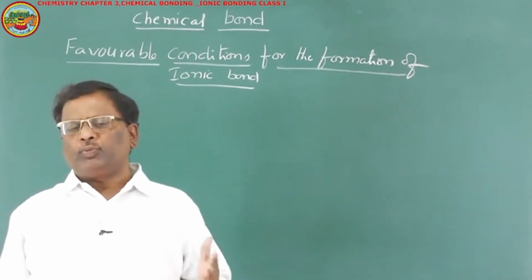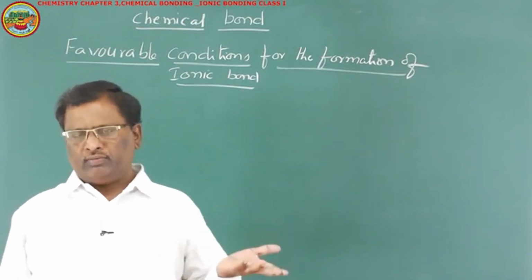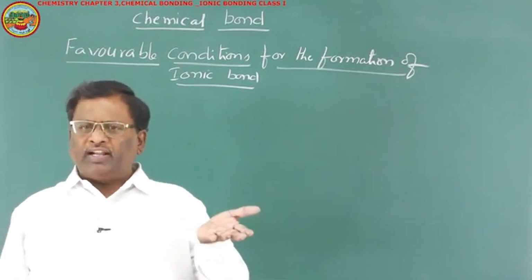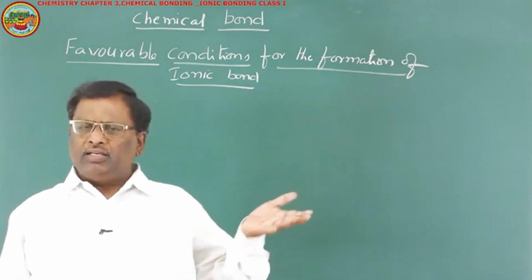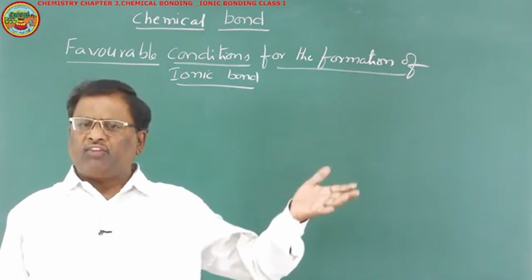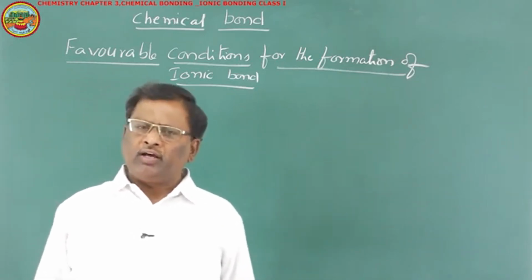Positive species is said to be a cation, negative species is said to be an anion. So the favorable conditions for the formation of ionic bond are nothing but the conditions favorable for the formation of anion and cation.